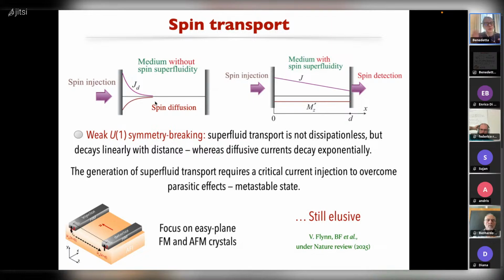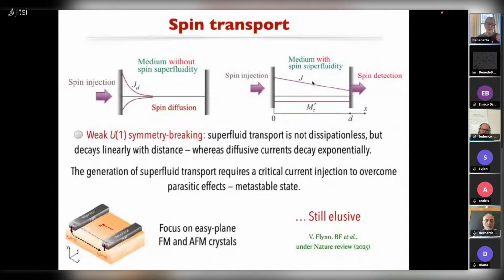However, it's still a very intriguing state, because if you look at spin as carried by thermal magnons, this type of currents are just going to decay exponentially. And instead, when you assume that there is a spin superfluid there that you actually access as a metastable state, because you have to fight these parasitic effects, this state should carry your angular momentum much more efficiently.